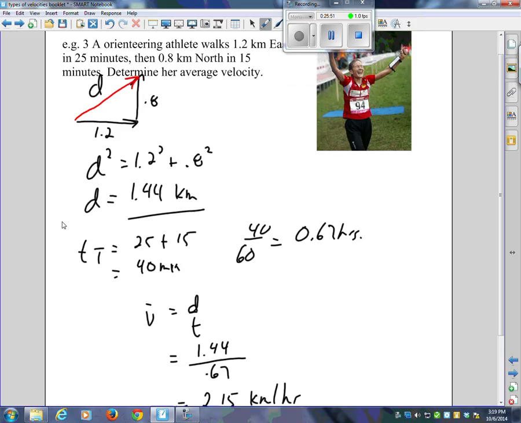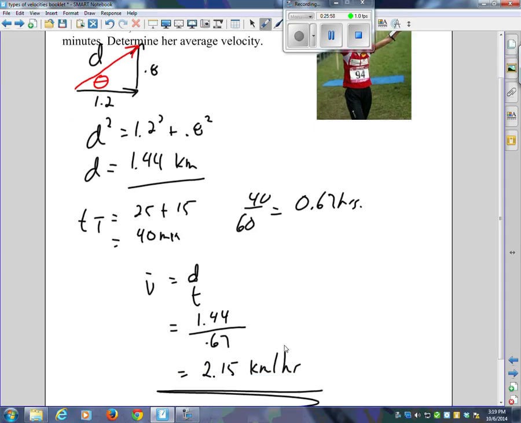Because it's a velocity vector, Chandler's right, you need an angle. Opposite over adjacent, so 0.8 over 1.2.